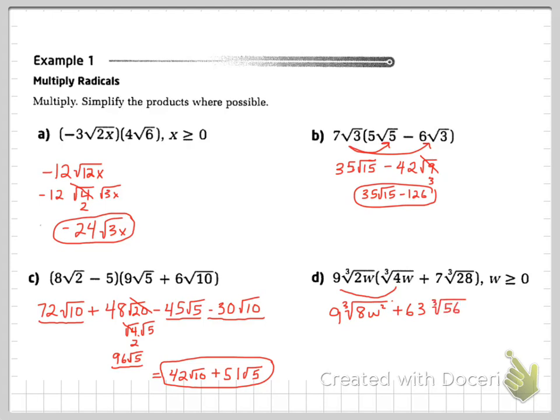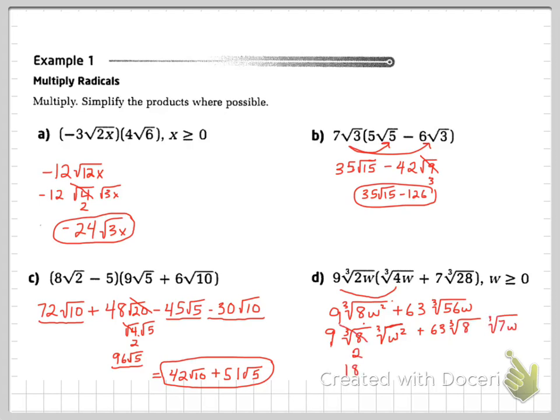Now both 8w squared and 56w can be broken down. 8w squared, I'm going to say that's going to be the cube root of 8 times the cube root of w squared. Now I know the cube root of 8 is 2. I'm going to simplify that later. The next part, 63 times the cube root of 56w, that breaks into 8 times 7w.